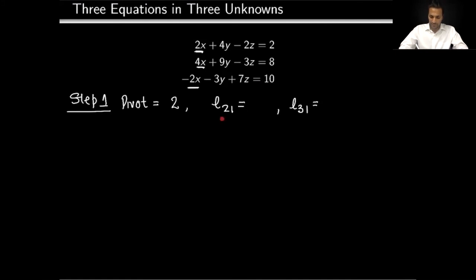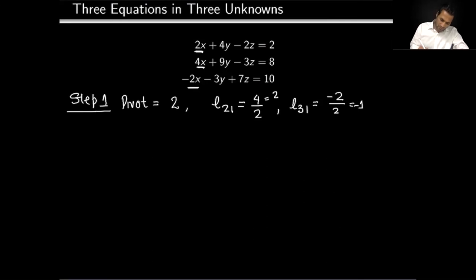The multiplier 2,1 eliminates the entry in the second row, first column. In this case, the entry to be eliminated is a 4, divided by the pivot. For the other, the entry to be eliminated is a negative 2, divided by the pivot. So that gives you 2, and this gives you negative 1.